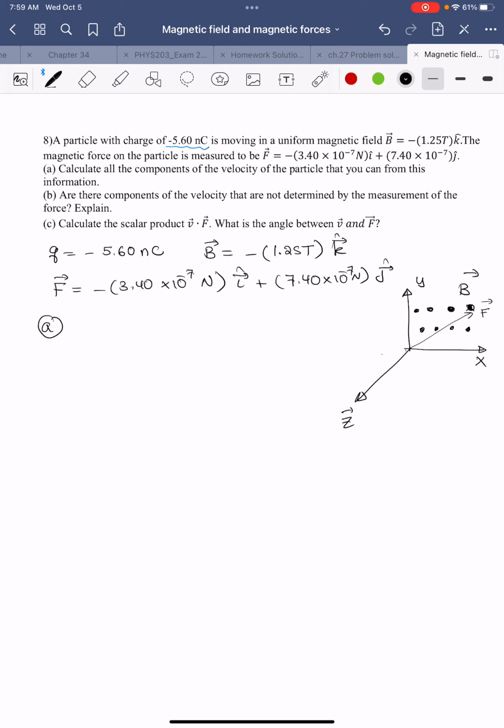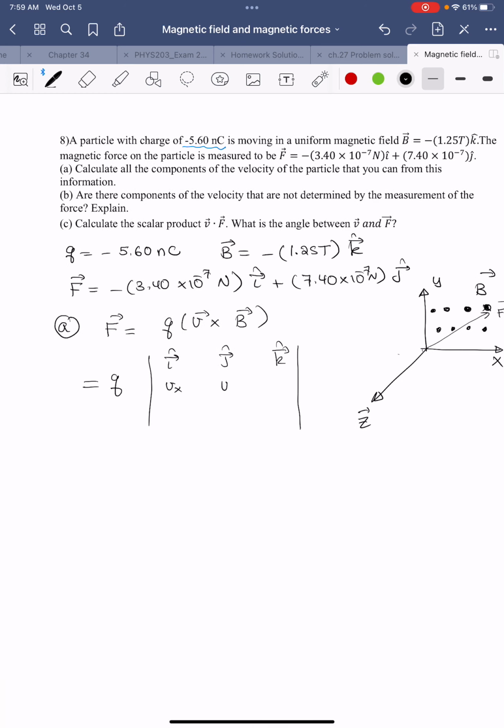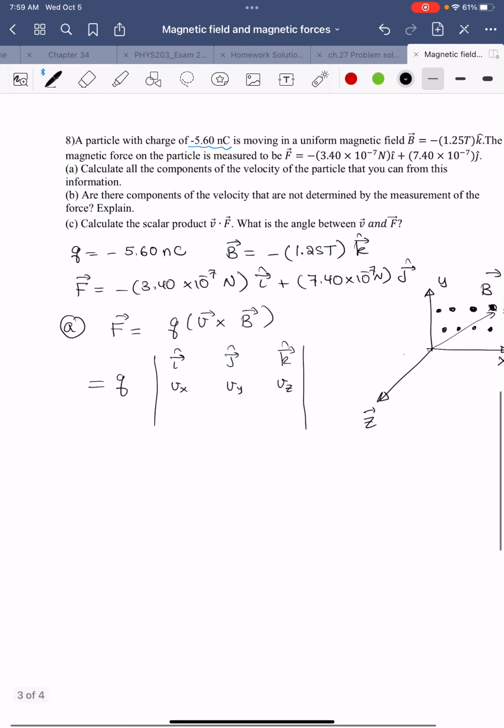Now what I can do is say F equals Q V cross B, and as I said, please review the cross product. This is Q, and this is i, j, k, then Vx, Vy, Vz, and Bx, By, Bz.